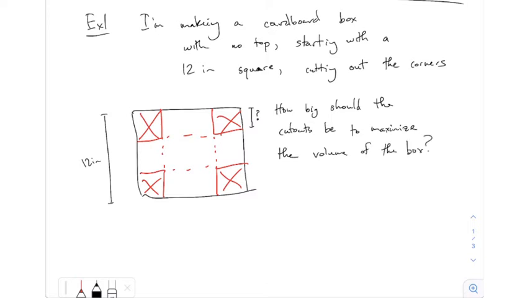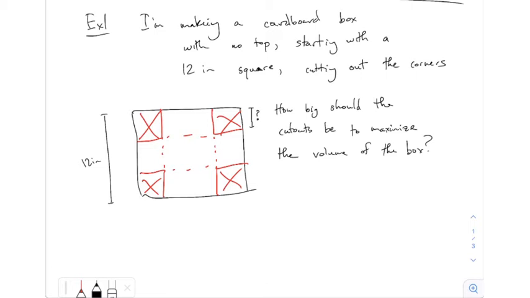All right, that's the question. You can try to visualize this geometrically. I would say the answer to this question is not obvious. I mean, if you only cut out a tiny bit, then the box will be very short, right? The part that you fold up will be very small, and so you won't get very much volume out of it.